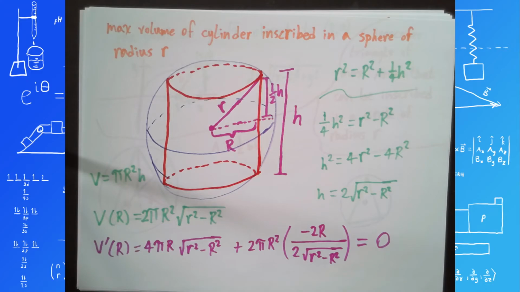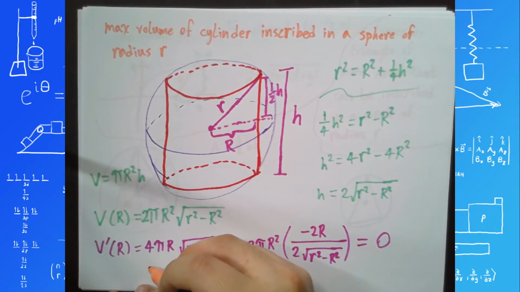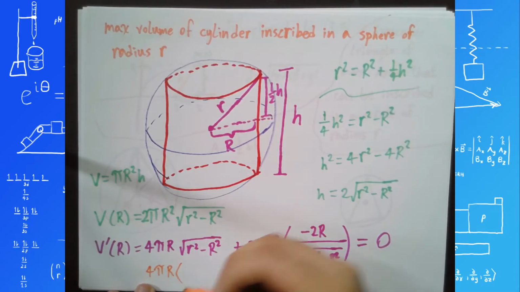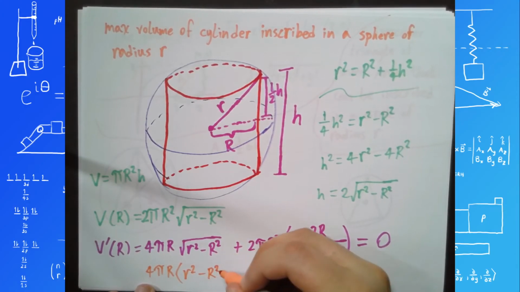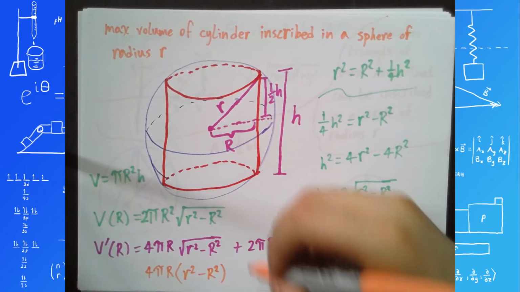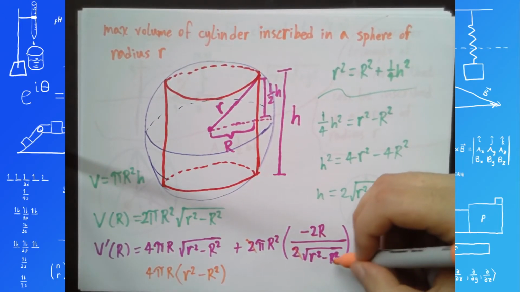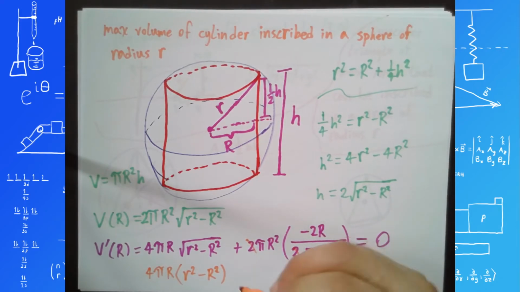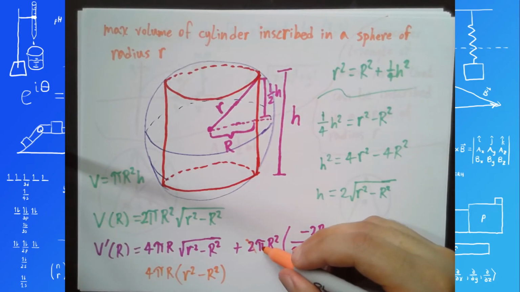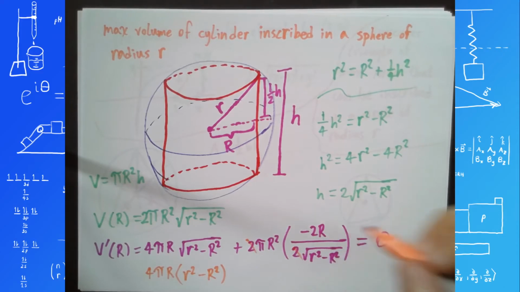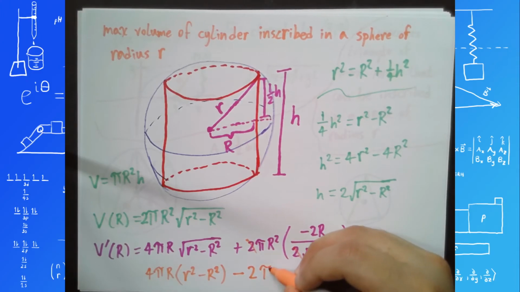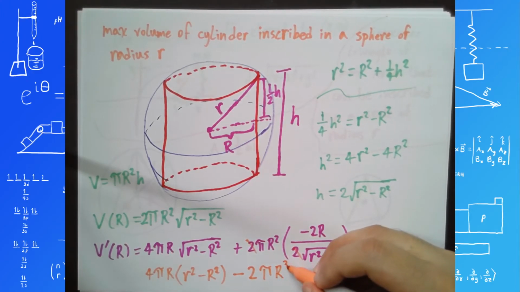I would get 4 pi big R times, well, if I multiply that by itself, I just get rid of the square root, plus the 2's over here cancel, and then multiplying by square root of little r squared minus big R squared just gets rid of the denominator, and then pi big R squared times negative 2 big R is going to be negative 2 pi big R cubed.